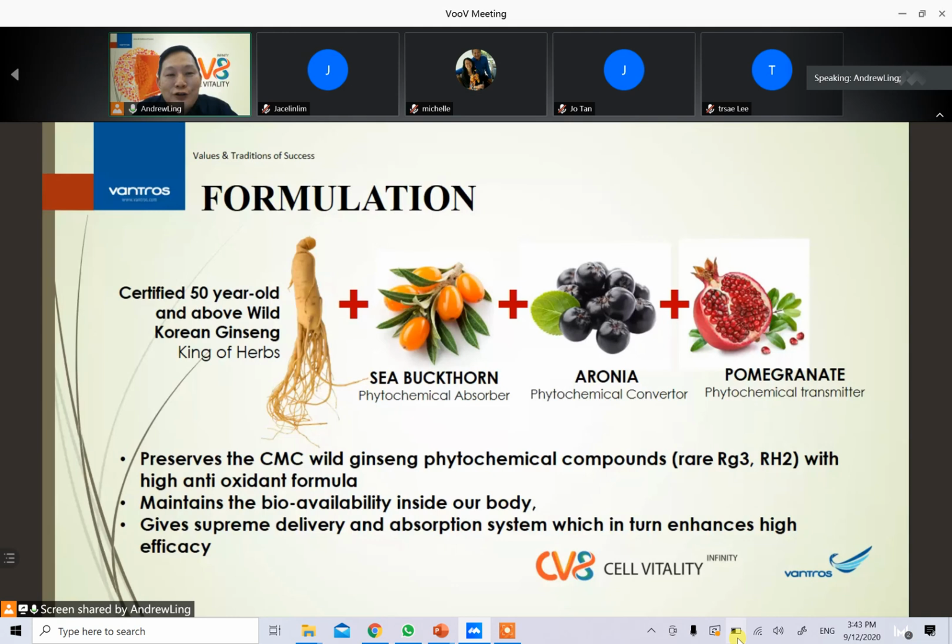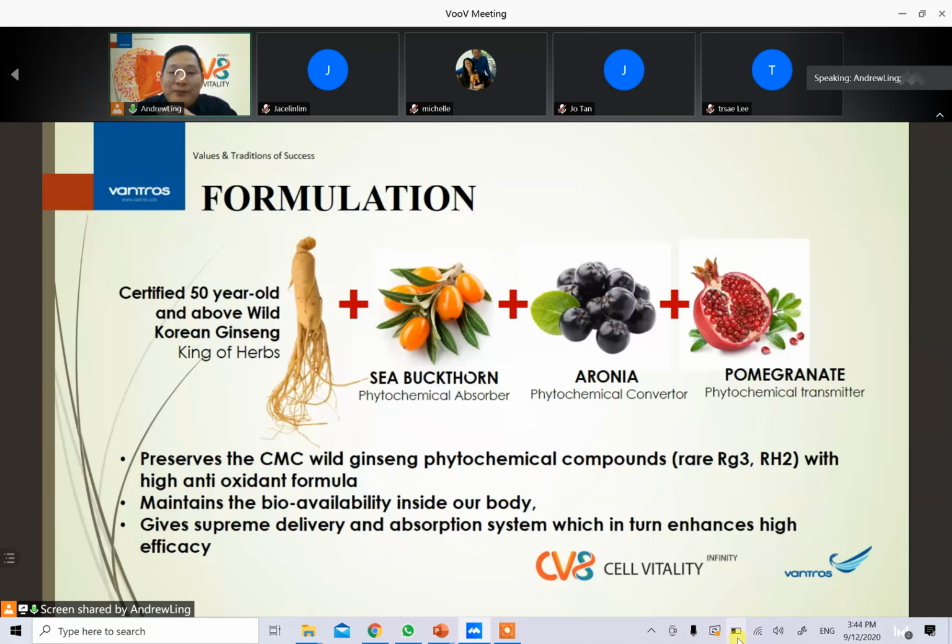But if you put all these formulations together, it is of ginseng CMC.